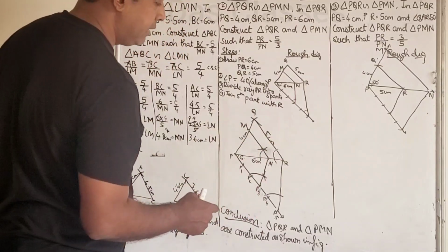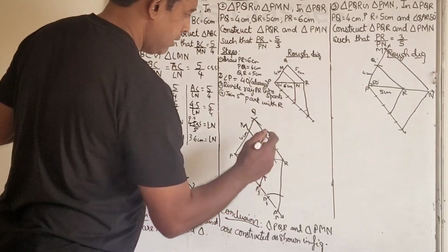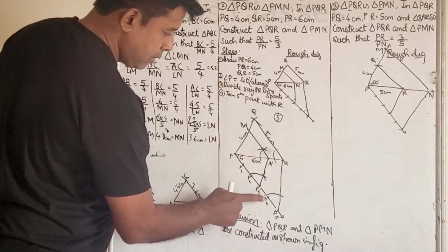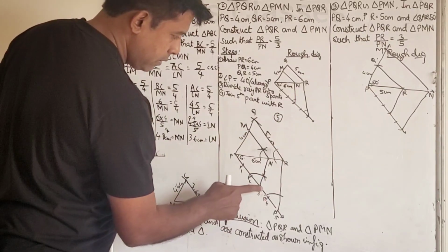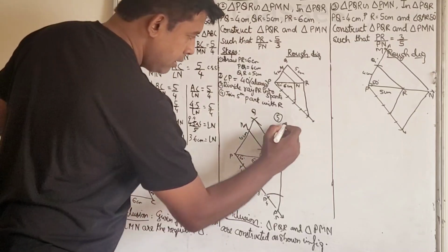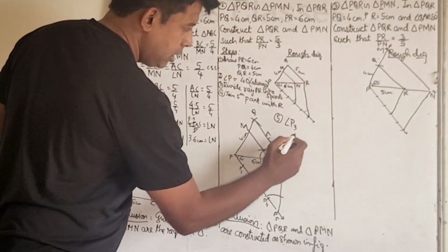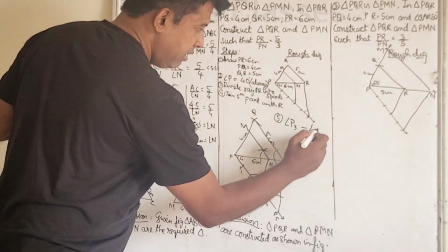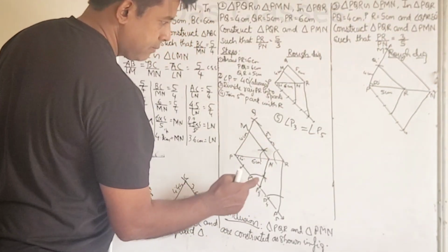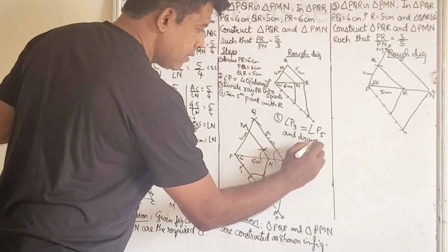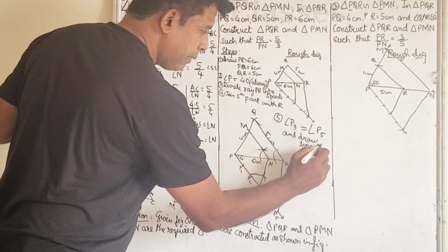And the 5th thing we did was draw angle P3, I have named it, equal to angle P5, and draw a line parallel.